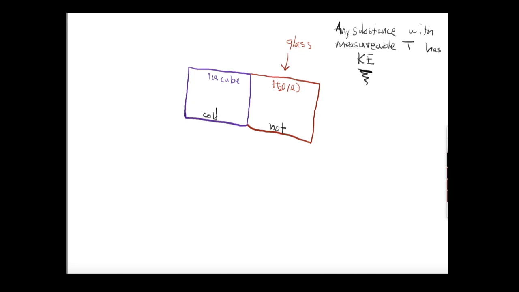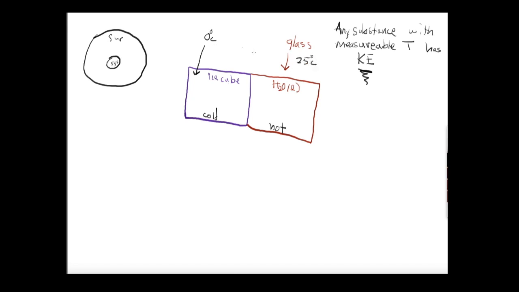So in the diagram I drew on the other page, we have two rings. All right, out here is my surroundings, and in here is my system. The system is cooler than the surroundings. So the ice cube, which is at 0 degrees centigrade, and then remember, the glass of water is at 25 degrees centigrade.